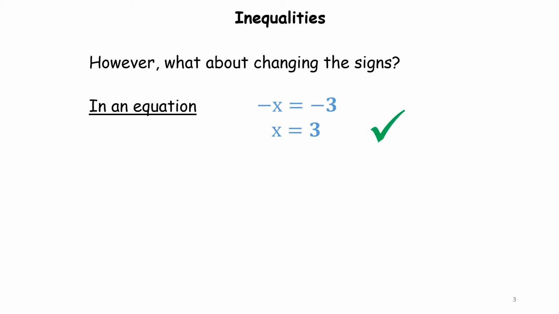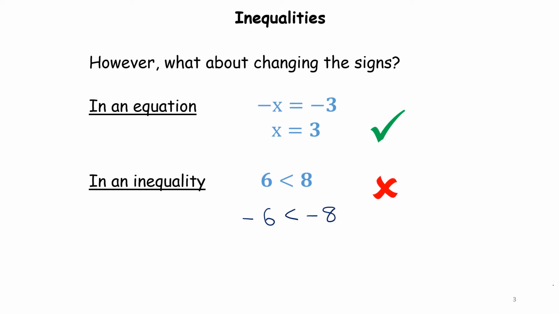Now, when we have the same idea happening in an inequality, that's where the problem kicks in. So for example, I have 6 is less than 8, but is minus 6 less than minus 8? And it's not. So minus 6 is actually bigger than minus 8.